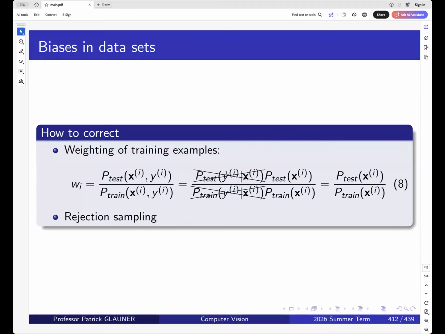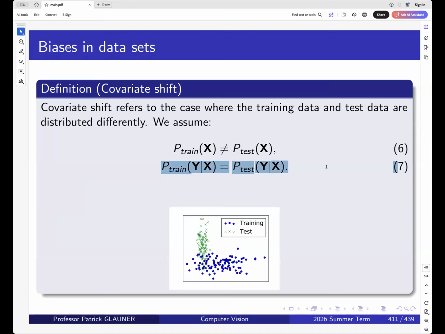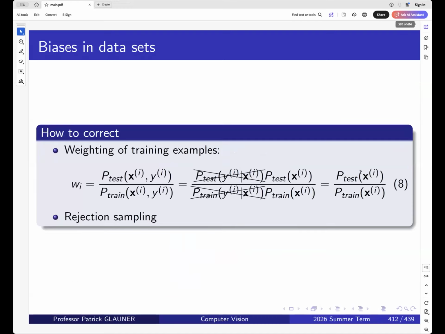Then we assumed that the distribution of X in the test and training are different, but the conditional ones of Y given X are the same for testing and training, as we said here. And as they are the same, we can just cross them out and simplify calculating the weight like this.